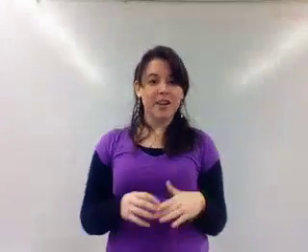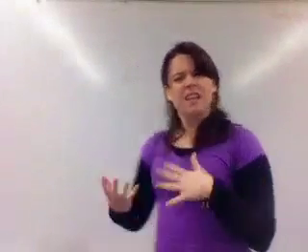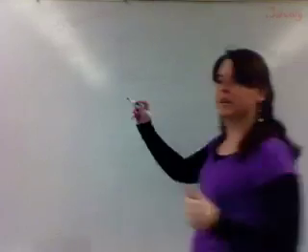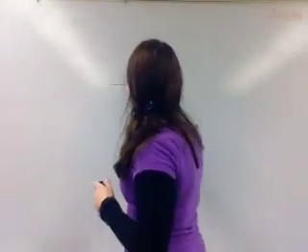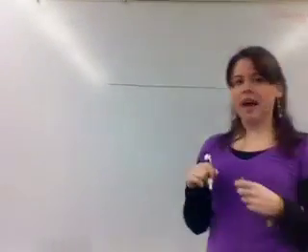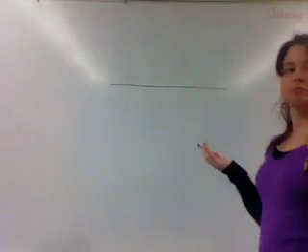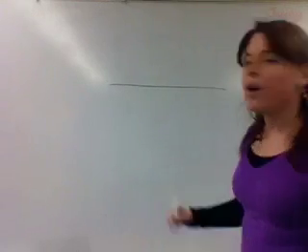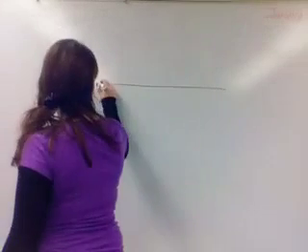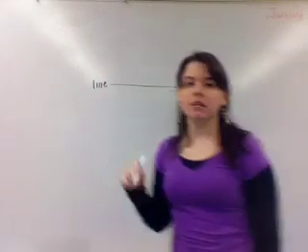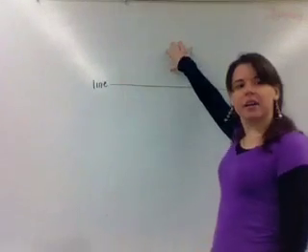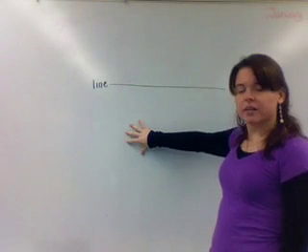All right, we are talking about something that looks like this. What would you call that? Oh, it's a line. What do you think is above the line? What do you think would be up here and down here?